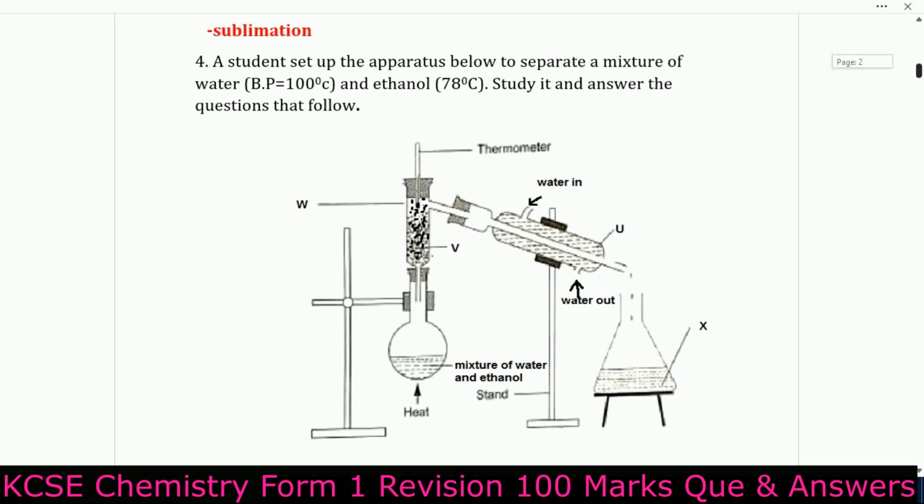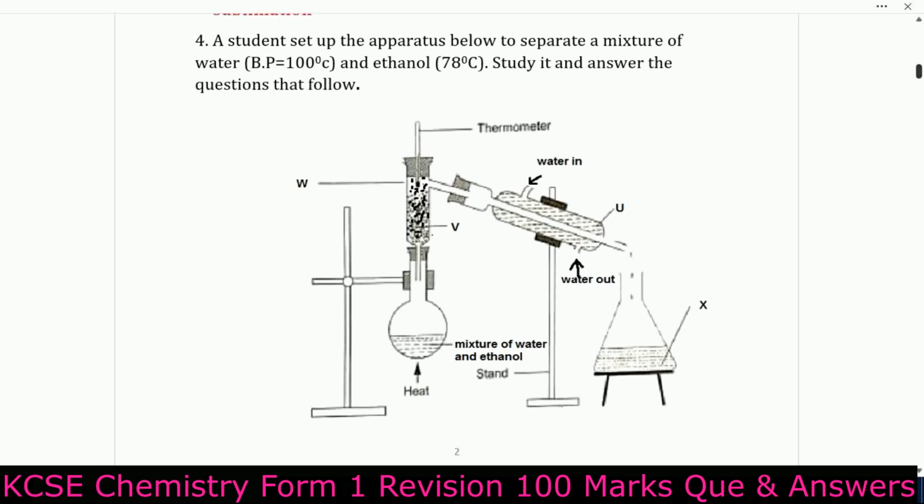Number 4, they keep repeating it even at form 4 KCSE. A student set up the apparatus below to separate a mixture of water which has a boiling point of 100 degrees C and ethanol 78 degrees C. Study it and answer the questions that follow.